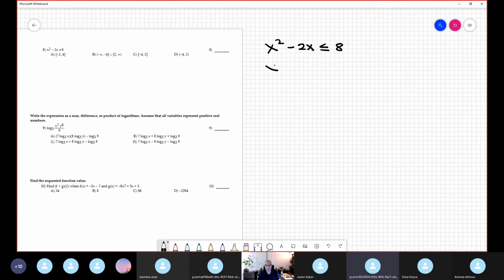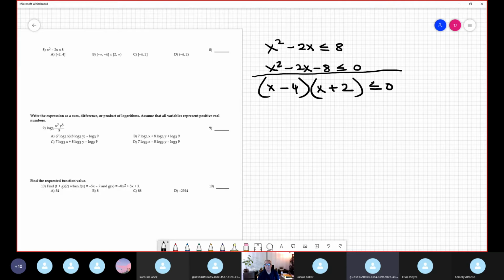So you write it like that: x squared minus 2x minus 8 less than or equal to 0. And the factorization is (x minus 4)(x plus 2), because 4 times 2 is 8, and minus 4 plus 2. Okay, and leave it like that. This is my inequality. I have to solve it. How? Determine the critical values.